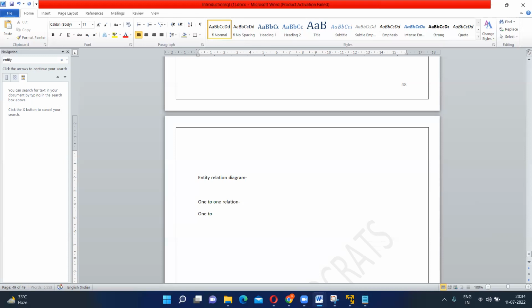Now, one to many means one table is joined to multiple tables. And many to one means many tables are joined to one table. And last is many to many.